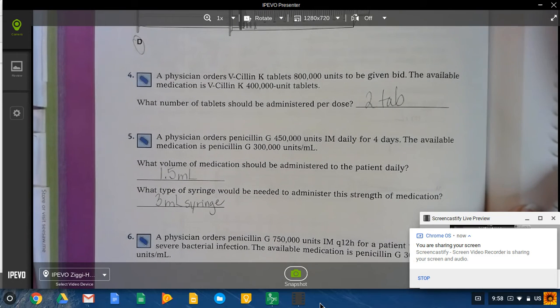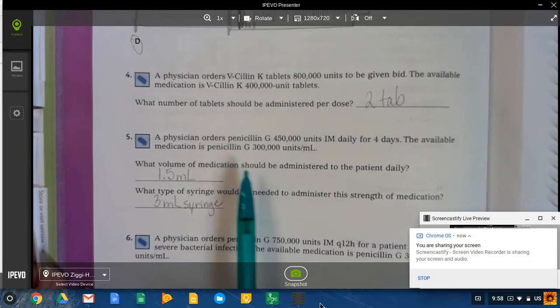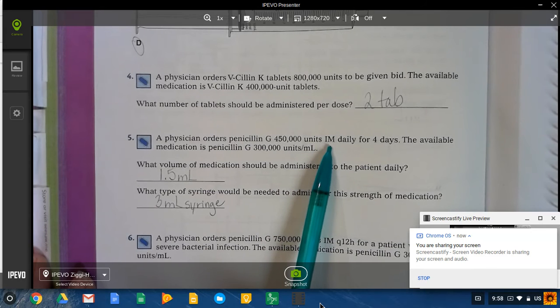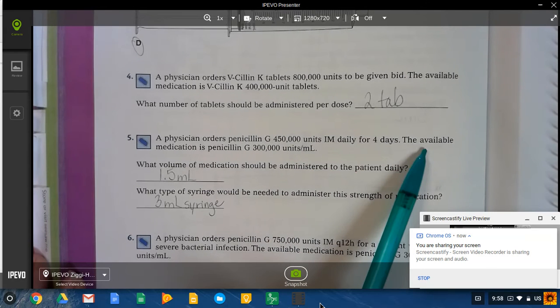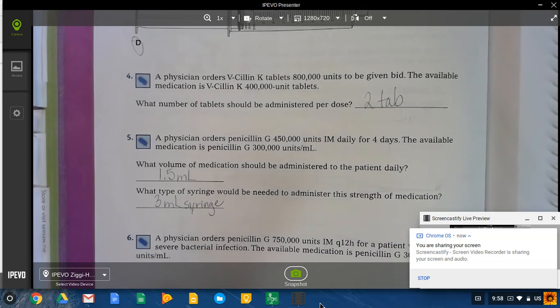So on number 5, you've got a physician ordering penicillin G, 450,000 units, IM, intramuscularly daily for 4 days. The available medication is penicillin G, 300,000 units per milliliter. So again, we go with what we know.